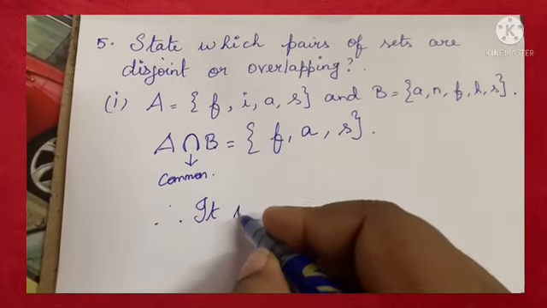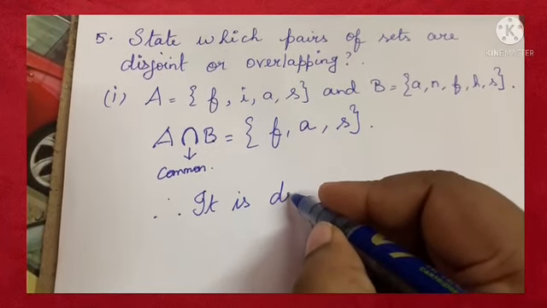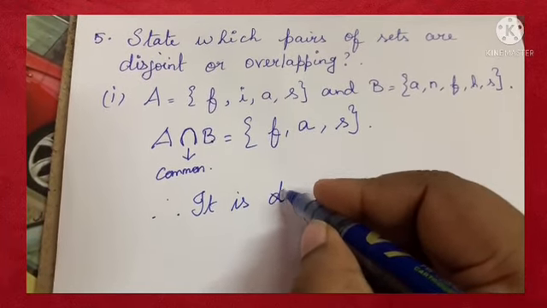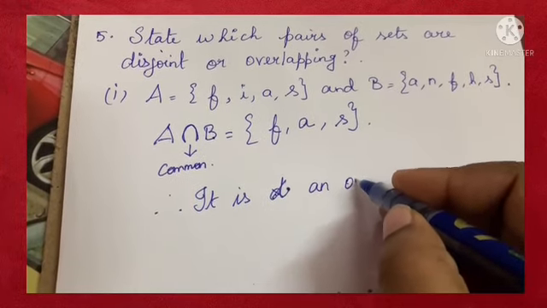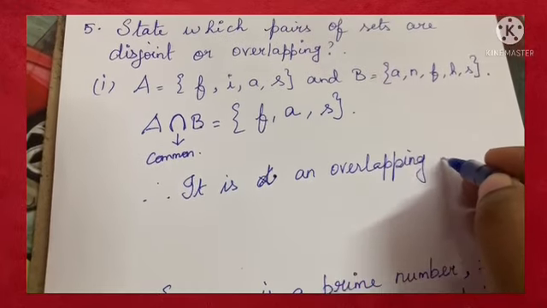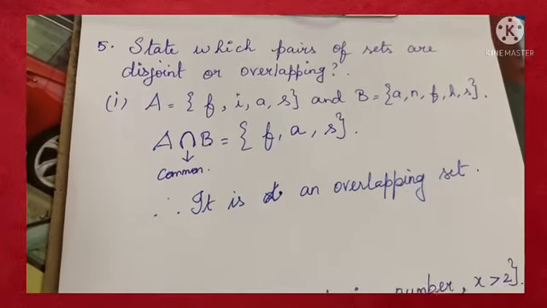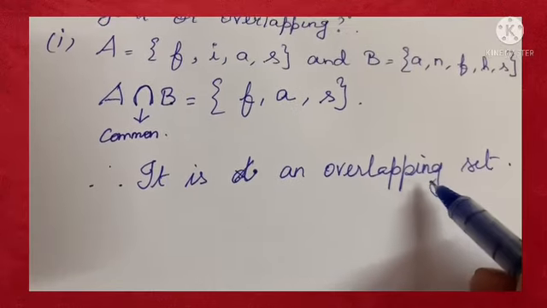Therefore, it is disjoint or overlapping? Yes, it is an overlapping set. It is an overlapping set.